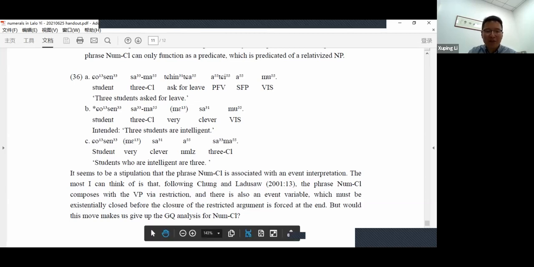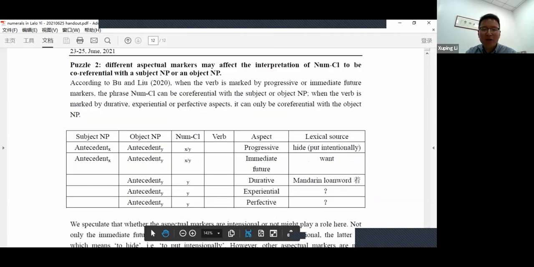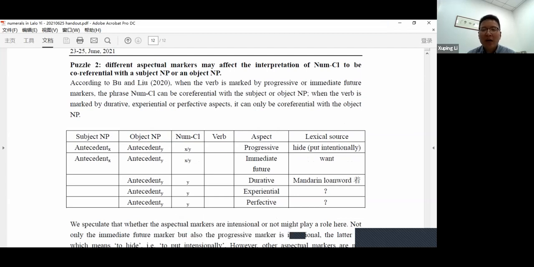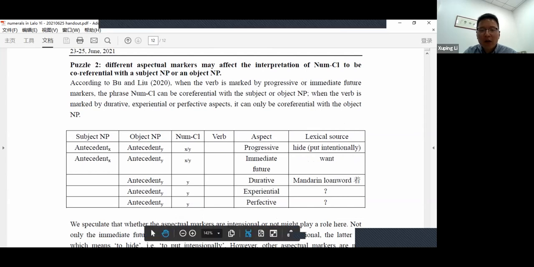That's my first puzzle. The second puzzle is that different aspect markings may affect the interpretation of nomenclature. We were assuming that nomenclature does not form a constituent with the preceding NP, but they can be semantically co-referential with each other. However, now let's look at the following table.